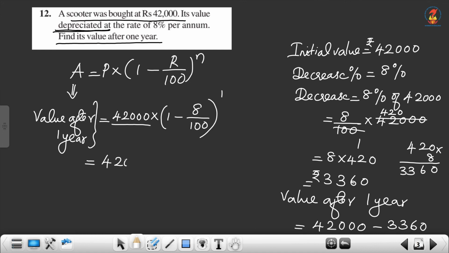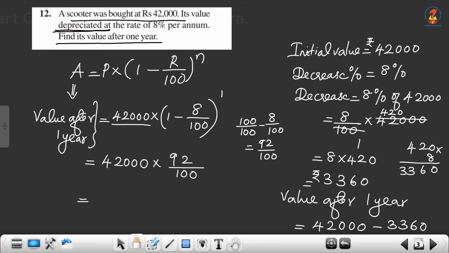Therefore 42,000 into 1 minus 8 by 100, 1 we can take as 1 by 1. So 100 by 100 minus 8 by 100, we will get it as 92 by 100.